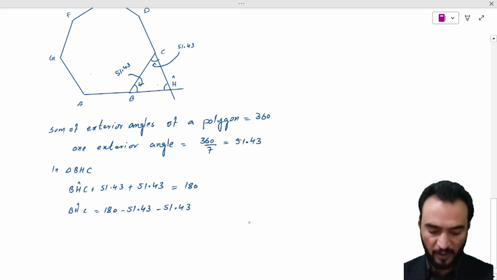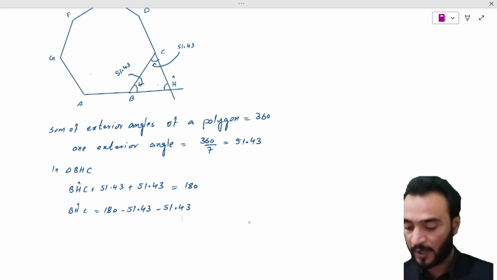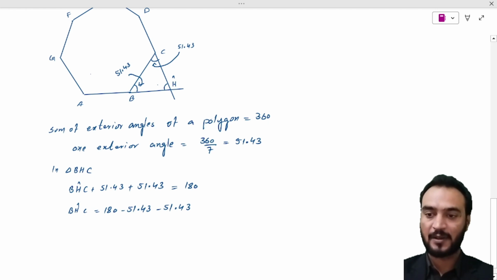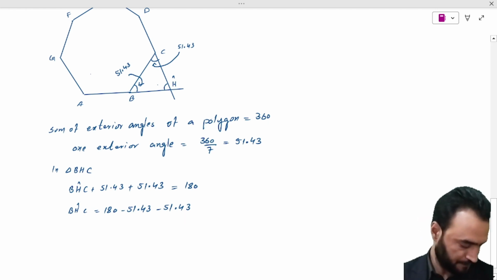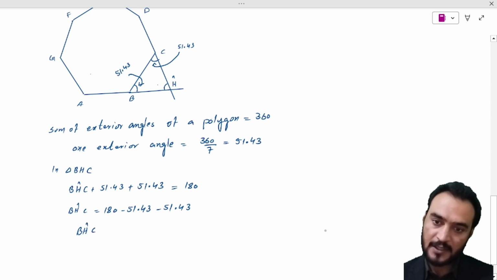Subtracting these two angles from 180, we get 77.14. So angle BHC is equal to 77.14 degrees.